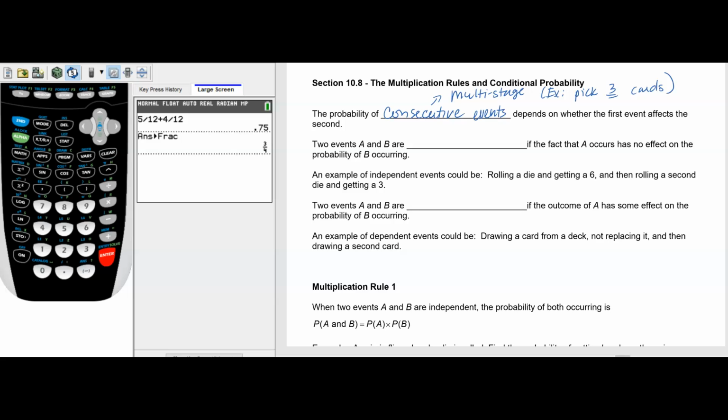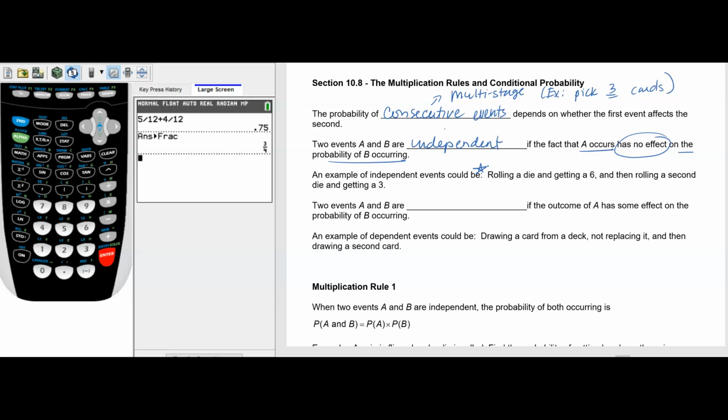When you have 2 events that you're being asked about, they're considered independent if A occurring has no effect on the probability of B occurring. An example might be if you roll a die and you get a 6, and then you roll a second die and get a 3. Whatever you roll on the first die does not affect the probability of what you get on the second.